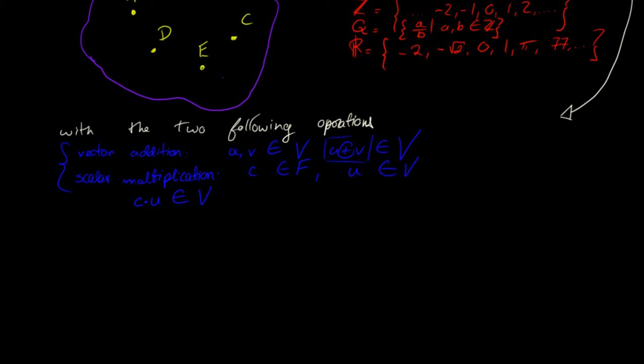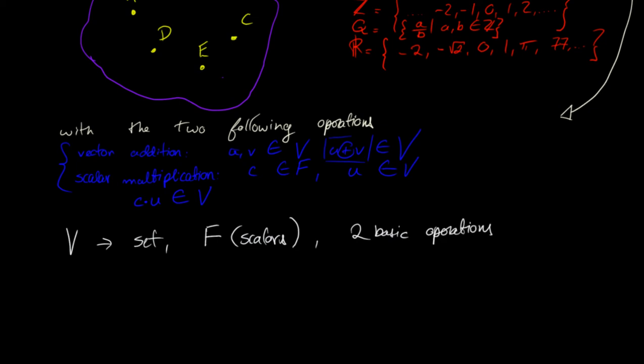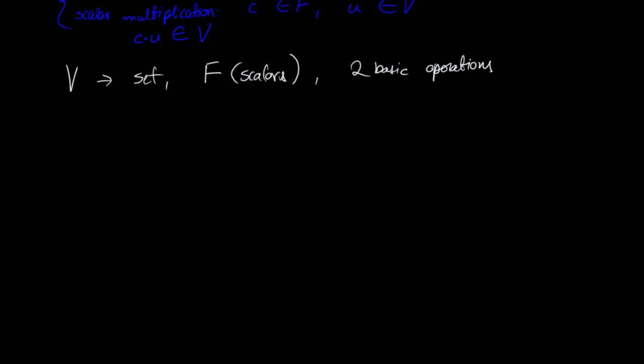So the definition really is that V is a set containing a field F of scalars, and it has two basic operations. Now, of course, we're not done yet. The most important part is that V must satisfy the following axioms.